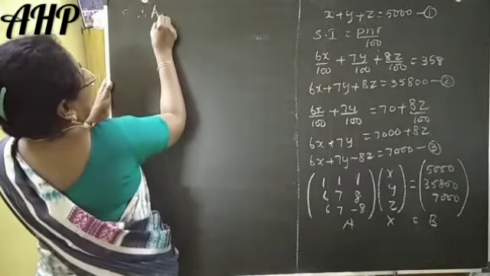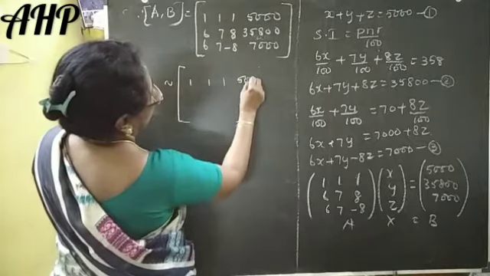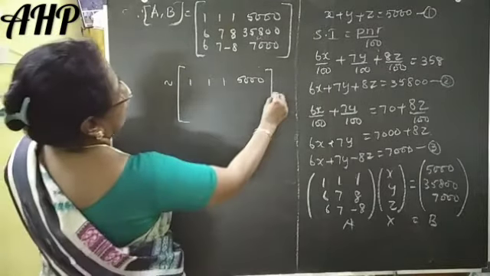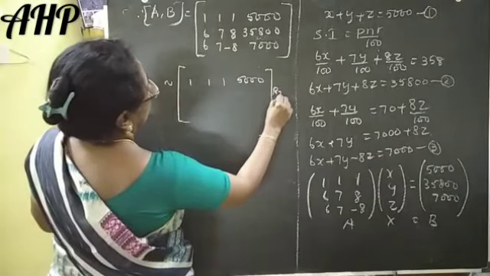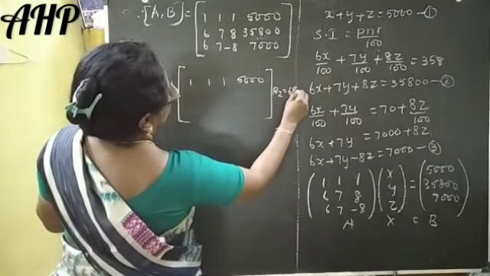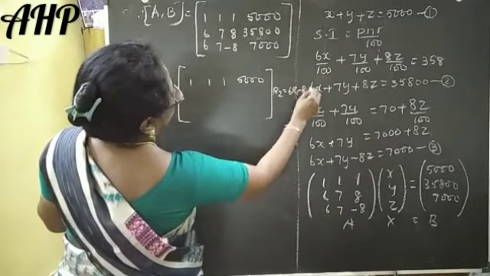Now, to rewrite this in echelon form, we need to make elementary transformations. So this is equal to 1, 1, 1, 5,000. Second row, R2 can be written as 6R1 minus R2.